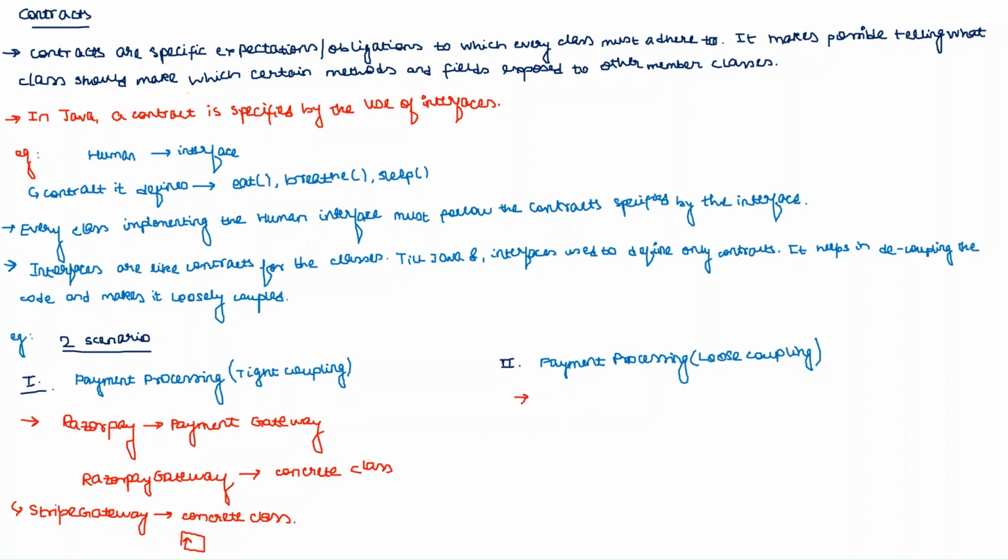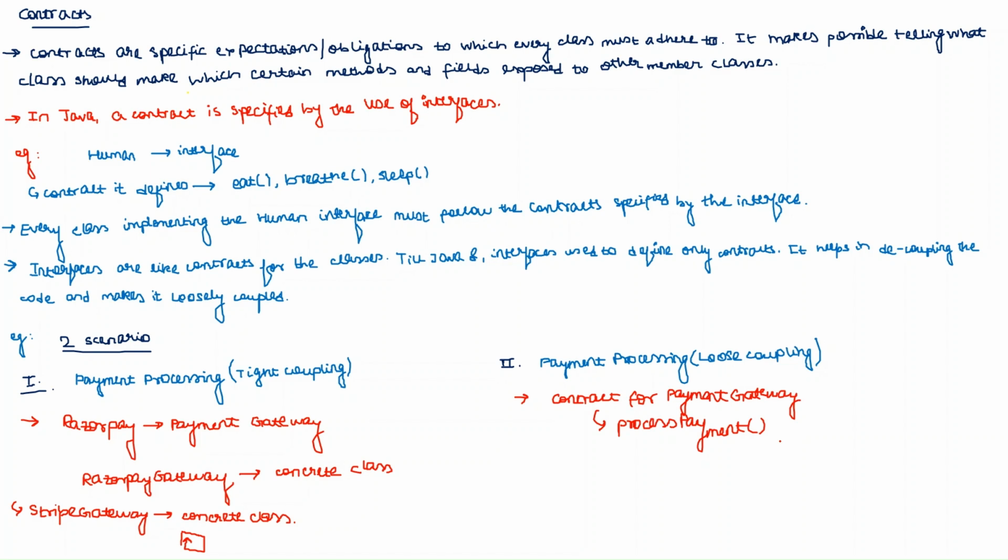In case of loose coupling, what happens is you firstly define a contract for a gateway. Now, what does this contract for a payment gateway mean? It simply means to have a method with the name process payments. This particular method, which comes under the contract within the payment gateway, would help us define the implementations for the different gateways that are present in front of you.